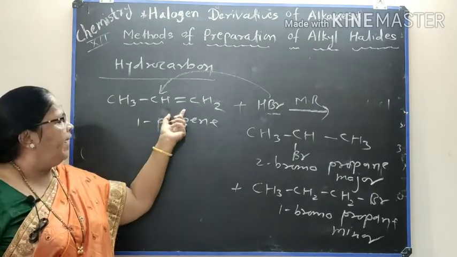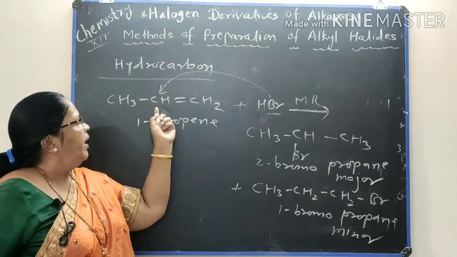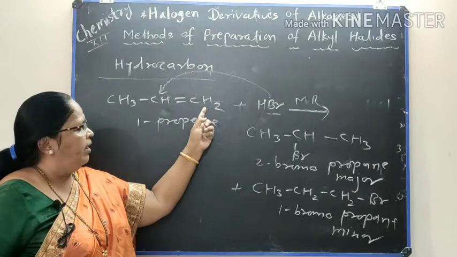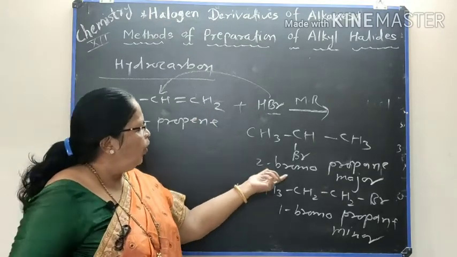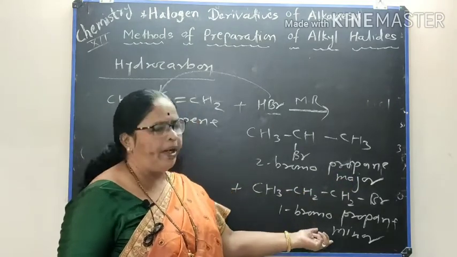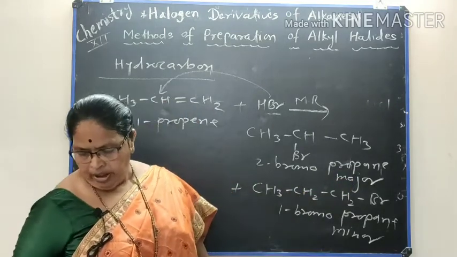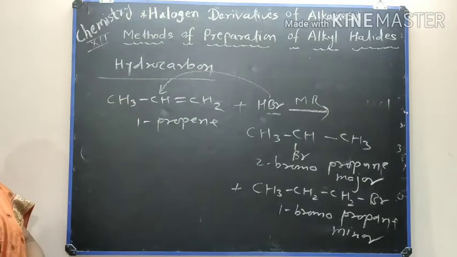The double bond breaks, Br is attached to the second carbon atom and H is added. So two products are obtained: 2-bromopropane, which is the major product, and 1-bromopropane, the minor product.